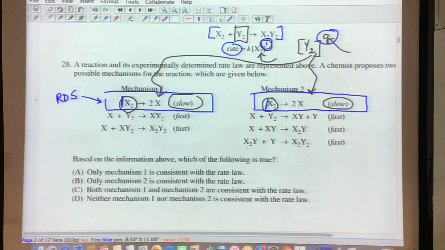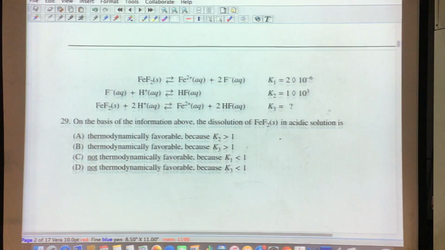Both of these are applicable. We can't know definitely which one, but we can definitely say that both are possible. So both mechanisms 1 and 2 are consistent with the rate law. Why? Because the slowest step has the coefficient of 1, and the y2 is not in the slowest rate determining step. Okay, moving forward, 29.